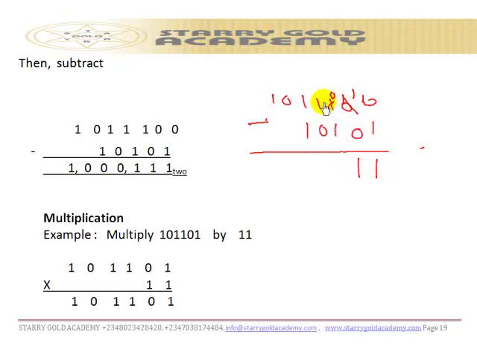Now this one is 0, so you can't subtract 1, so you have to borrow from this guy, it becomes 0, and this becomes 10. 10 minus 1 is 1. 0 minus 0 is 0. 1 minus 1 is 0.